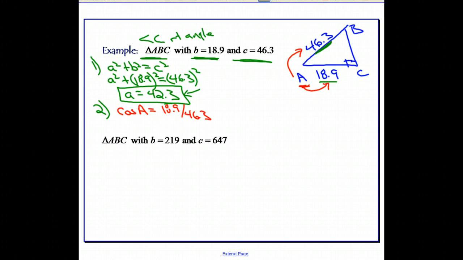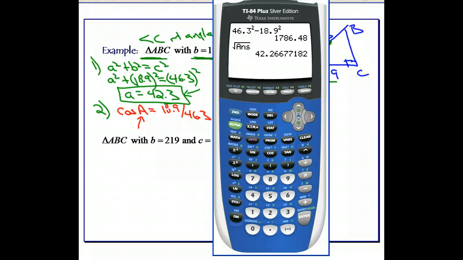And guys, look, we are looking for an angle. When you are looking for an angle, what trig function do you use on your calculator? Use the inverse trig function. So on this problem, I'm going to take not cosine, but cosine inverse. So cosine inverse of 18.9 divided by 46.3. Get that answer, and I get an angle of 65.9 degrees.